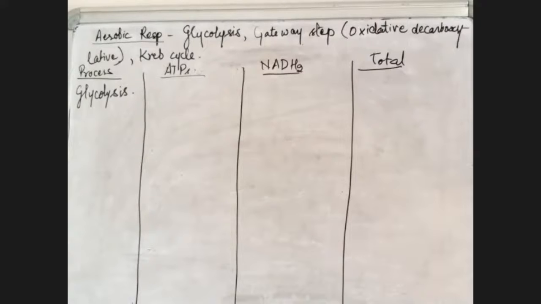Where ATPs were utilized, that was when glucose converted into glucose 6-phosphate. At that time, ATP was utilized. Have you written it somewhere, or have you taken screenshots, or have you recorded it?